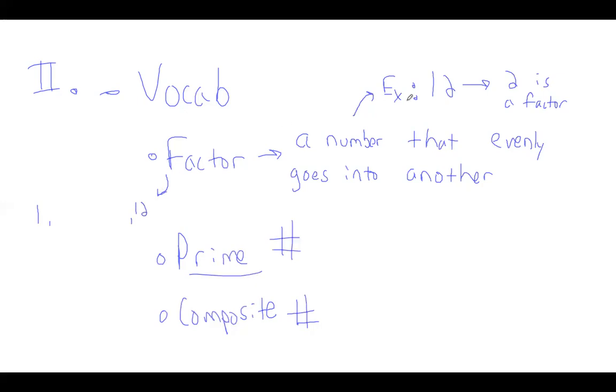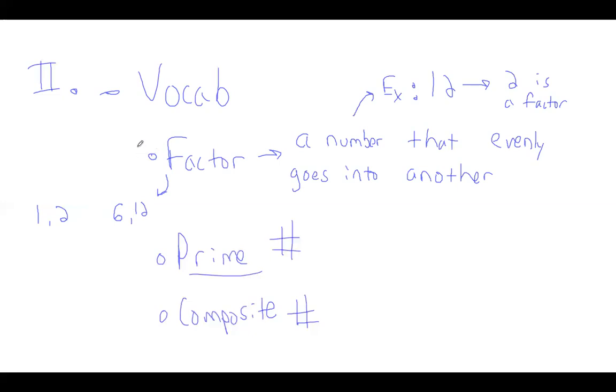So any number that goes into 12 evenly. 2 goes into 12 evenly. How many times? 6. So 6 also goes into 12 evenly because 6 times 2 is 12, right? A number like 5, however, count by 5 and you skip 12, right? 5, 10, 15. So 5 does not go evenly into 12. Your answer would be like 2.4.